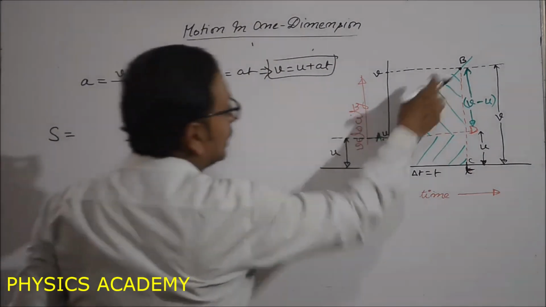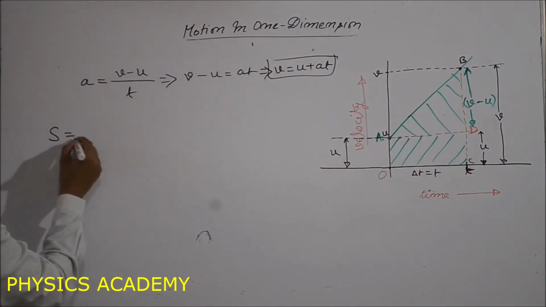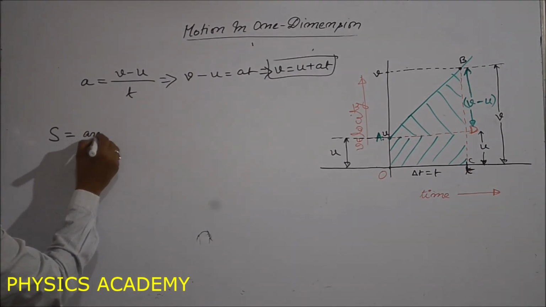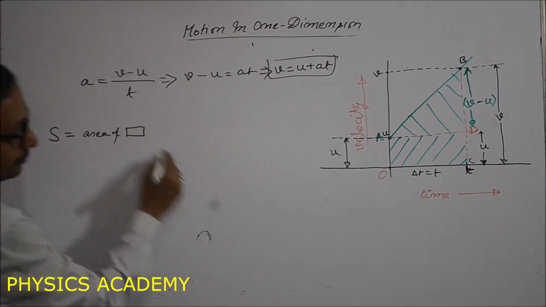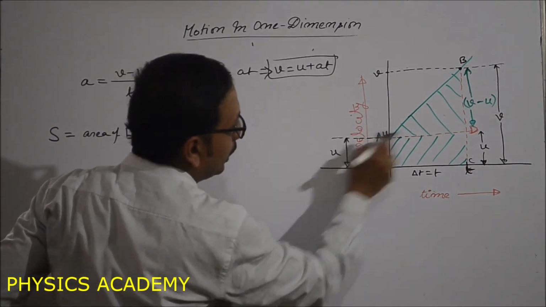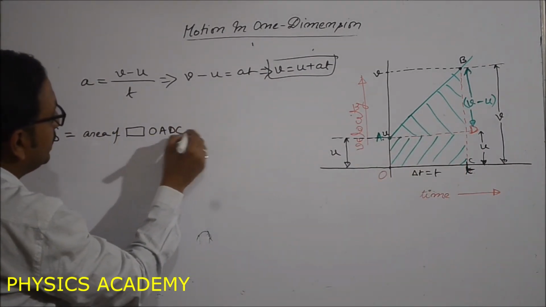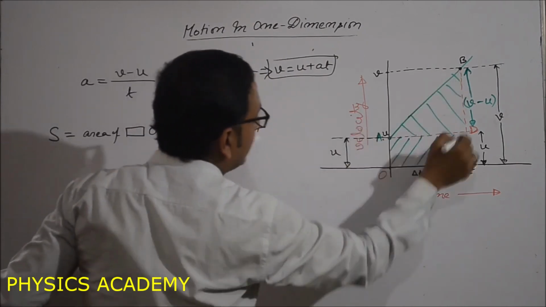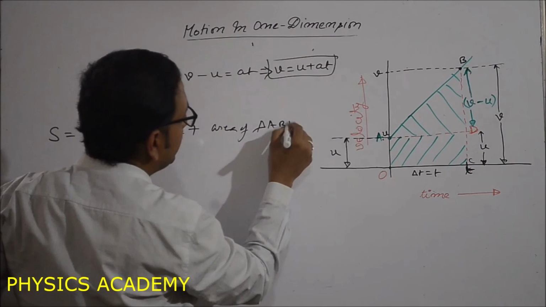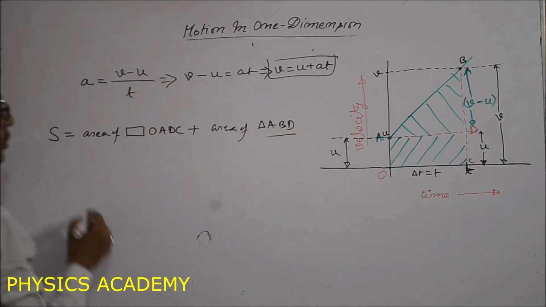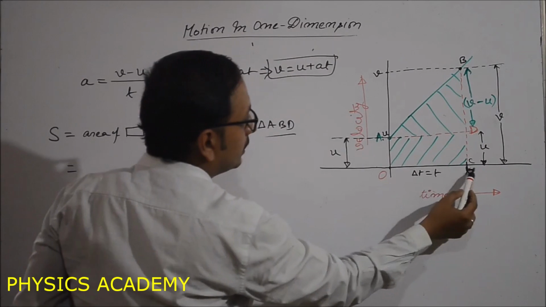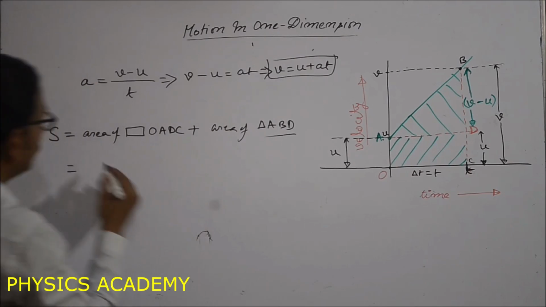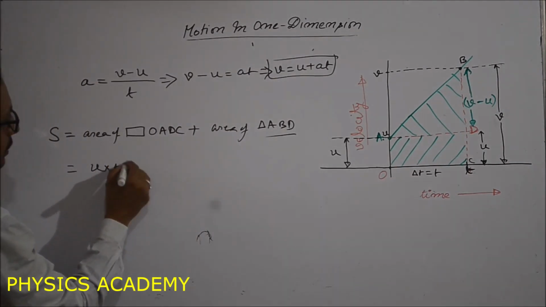Now this is a triangle and this is a rectangle, so the displacement s is the sum of the area of rectangle OADC plus the area of triangle ABD. The area of the rectangle is length into breadth, so length t and breadth u, giving u into t.